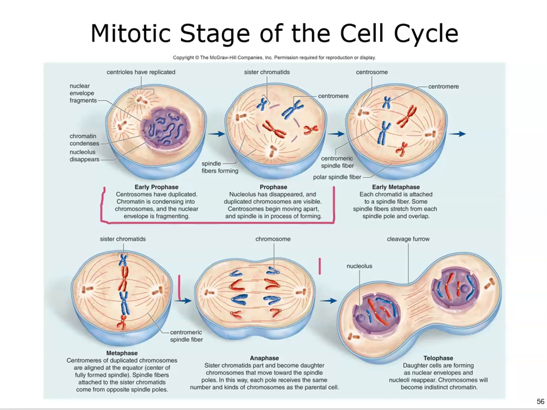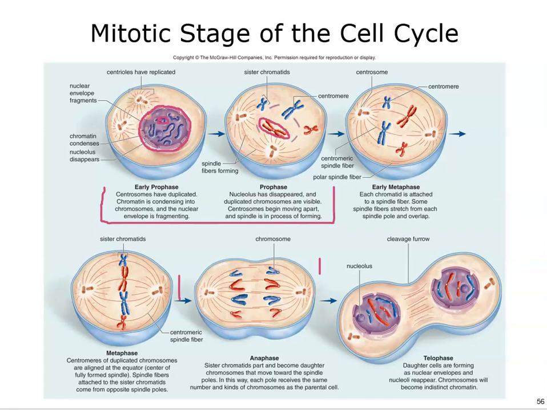The prophase is, first of all, destroying or eliminating the nuclear envelope, and the chromatin that we have, DNA circulating freely inside of the nucleus, we're going to transform and condense into chromosomes.